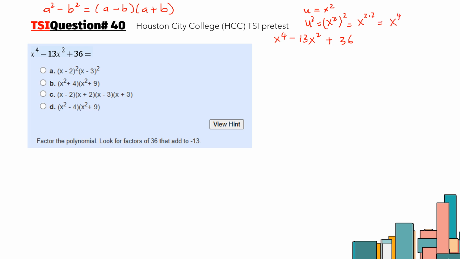If I rewrite this one, I will write it as u squared minus 13u plus 36.